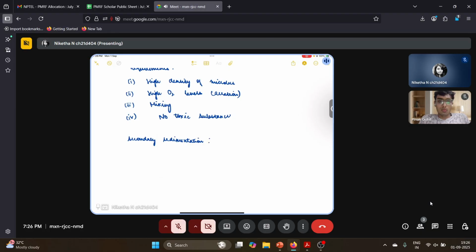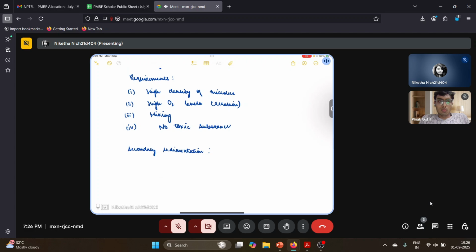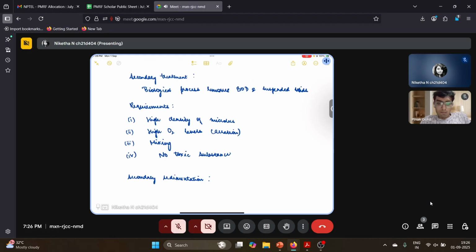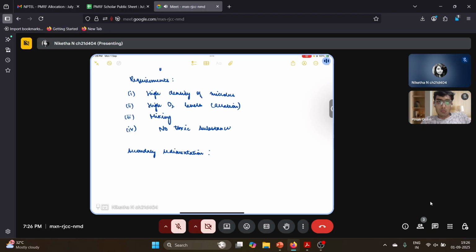The reason why we go for a secondary sedimentation is because after the biological process, there will be dead bacterial cells mostly, which require removal. So they will form a solid known as sludge. So this sludge will settle down at the bottom of the tank. So sludge will settle towards the bottom.